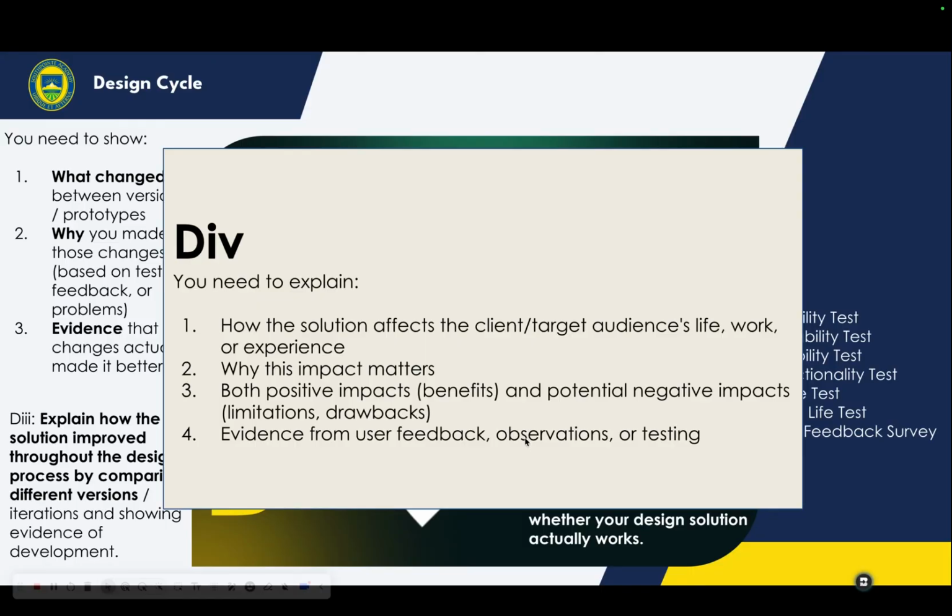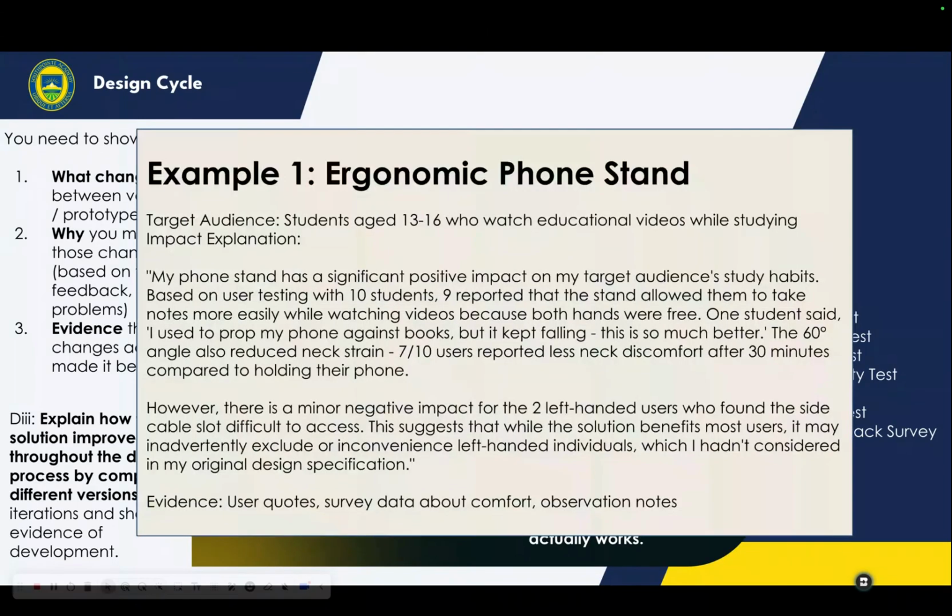So I'm going to show you two different examples, and this is what your D4 could look like, okay? So the first one is someone creating a phone stand. My phone stand has a significant positive impact on my target audience's study habits based on user testing with 10 students. 9 reported that the stand allowed them to take notes more easily while watching videos because both hands were free.